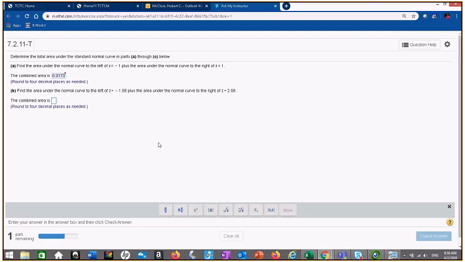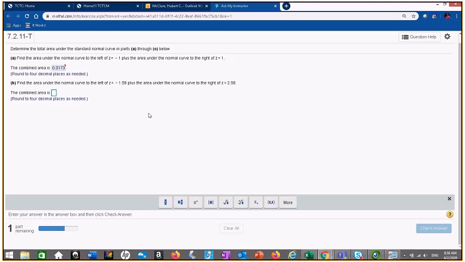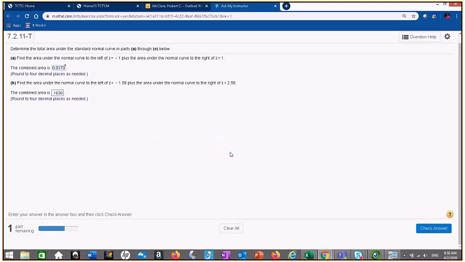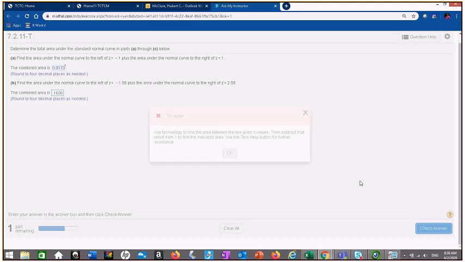And my number lock getting turned on. Okay, I guess nothing's going to work today. 0.1636. And check answer. Oh my. Let's see what they got.